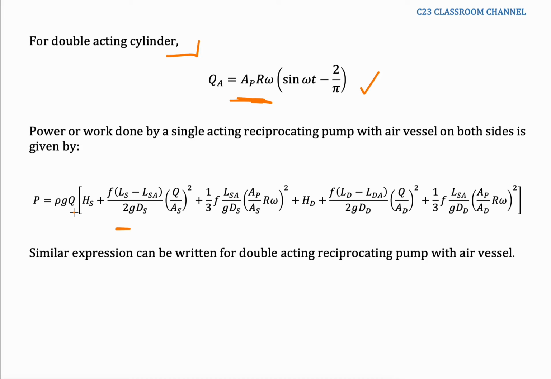The power can be calculated by rho g Q H, and the value of H needs to be calculated as this. A similar expression can be written for a double acting reciprocating pump with air vessel. Later on we will see how to solve problems about piston pumps.